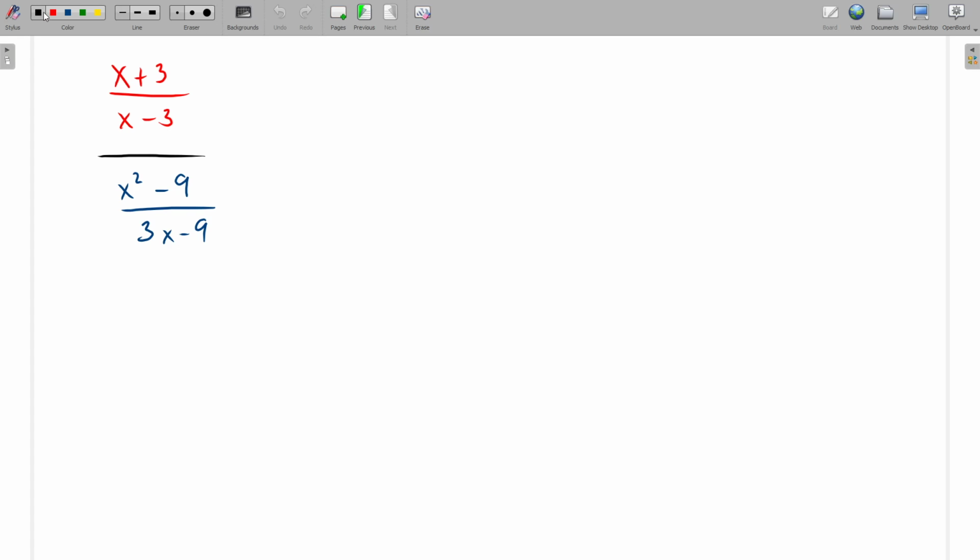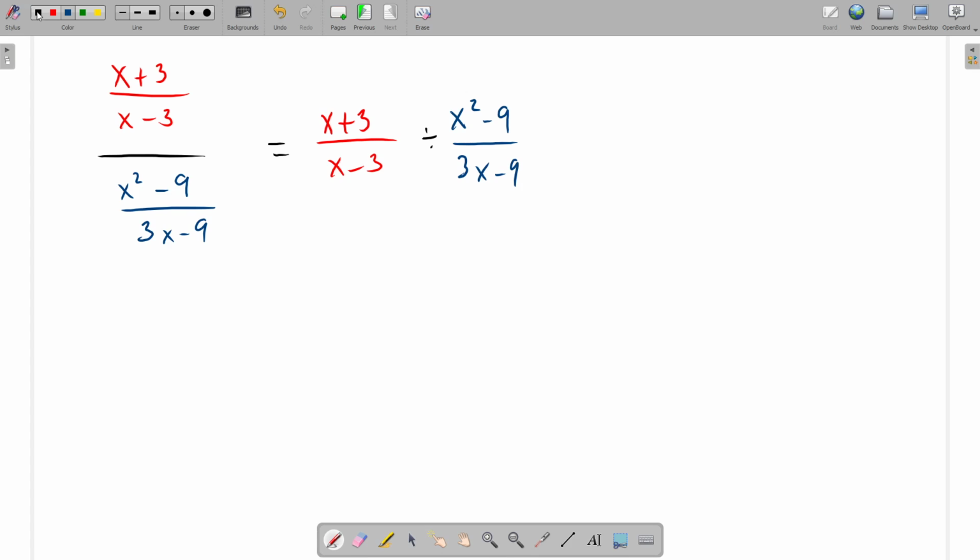Because it's already set up like this, we can go ahead and rewrite it as the rational expression in our numerator, x plus 3 over x minus 3, divided by the rational expression in our denominator, x squared minus 9 over 3x minus 9. And now we can use that keep, change, flip strategy. We keep this the same, change the division to multiplication, and flip the second rational expression.